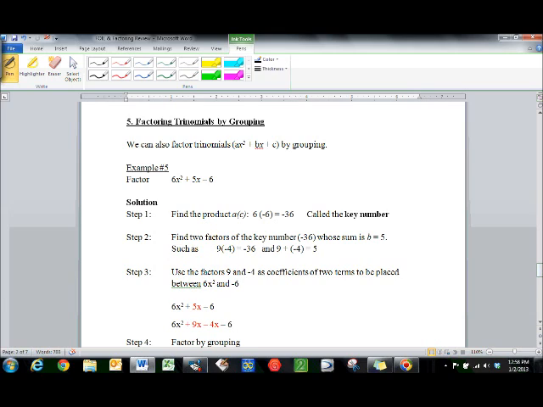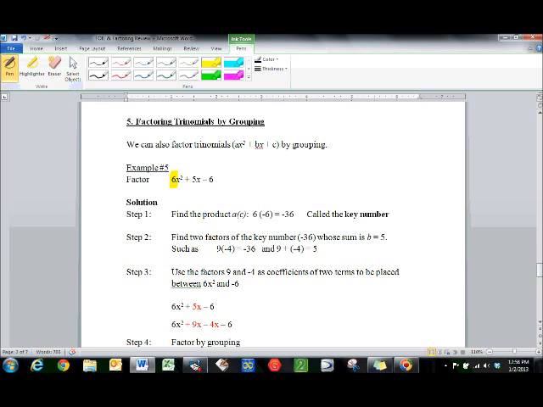Notice, we're giving you a trinomial again, but the most important difference here is very simply the leading coefficient term. Notice in our example, the leading coefficient term is greater than 1. That is different than what we did earlier in these notes when we were factoring trinomials that had a leading coefficient of 1.